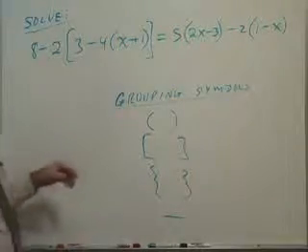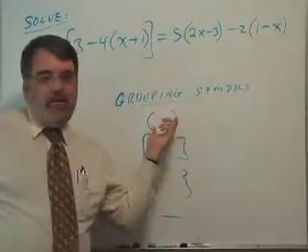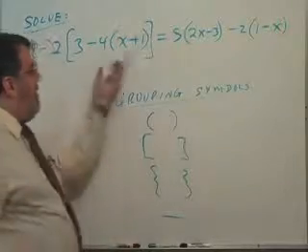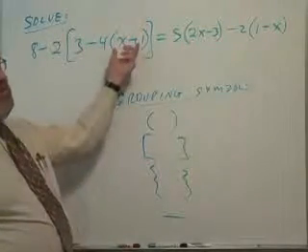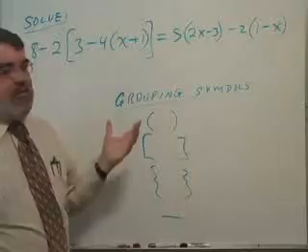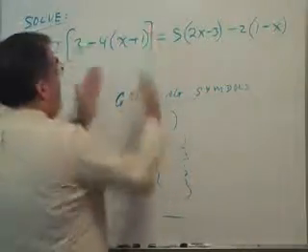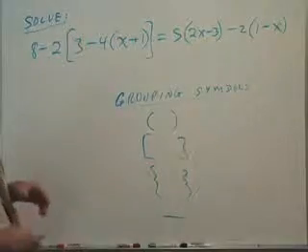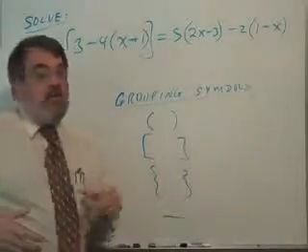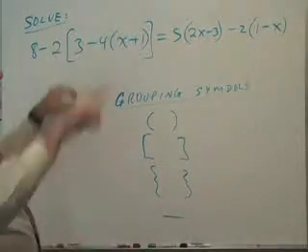So we normally use parentheses most of the time, but when we need to encase parentheses in a larger parentheses, we typically go to brackets. So brackets go around or outside of parentheses. And if it gets bigger yet still, then we use braces.